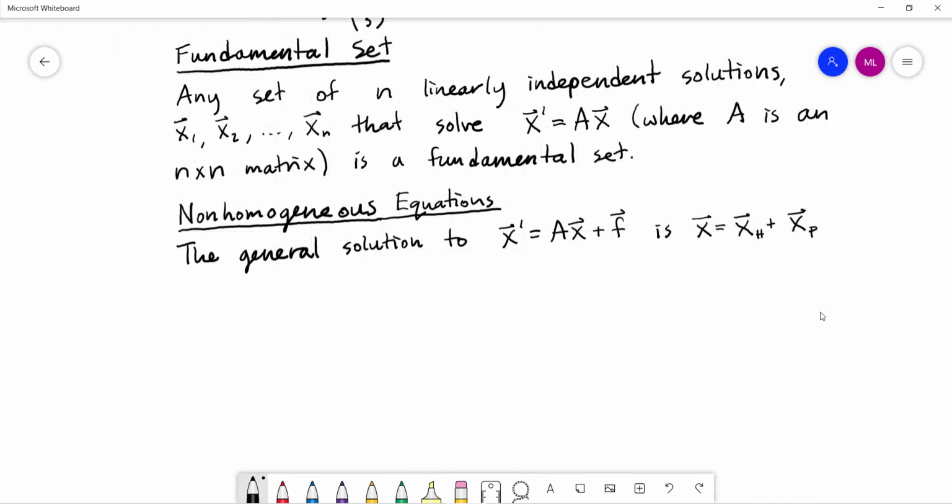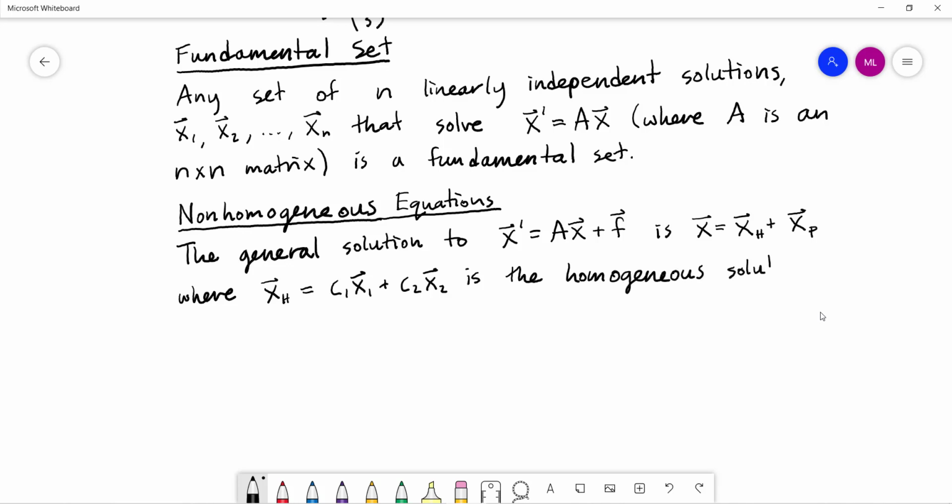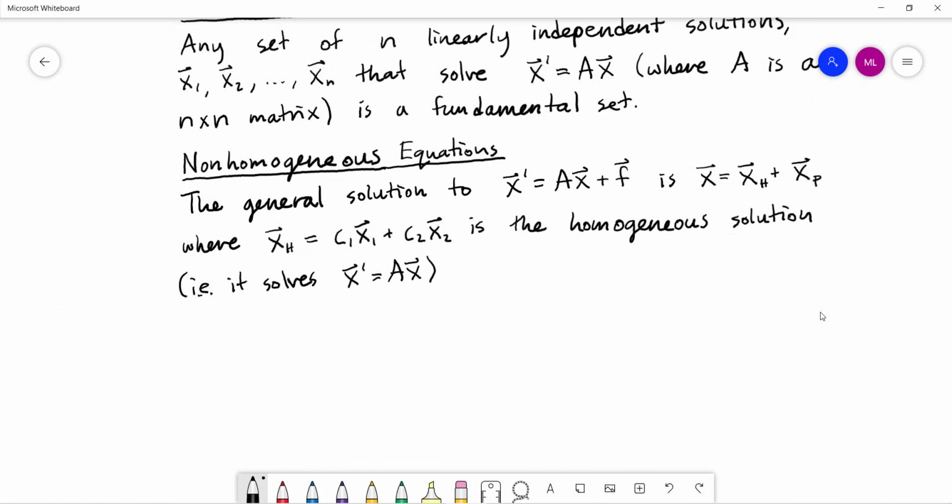So just to be totally clear, x h, which typically will look like c1 x1 plus c2 x2, is the homogeneous solution, i.e., it solves x prime equals Ax without the plus f term.